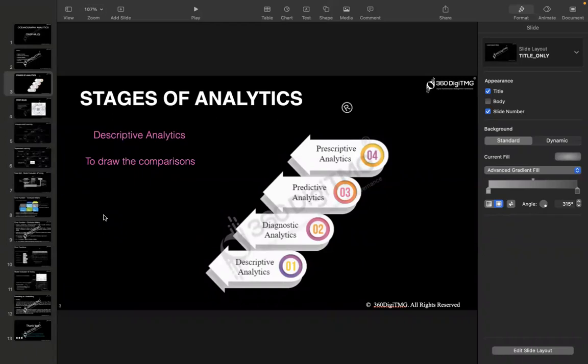Most commonly reported financial metrics are a product of descriptive analytics. For example, year-over-year pricing changes, month-over-month sales growth, the number of users, or the total revenue per subscriber may increase or decrease.